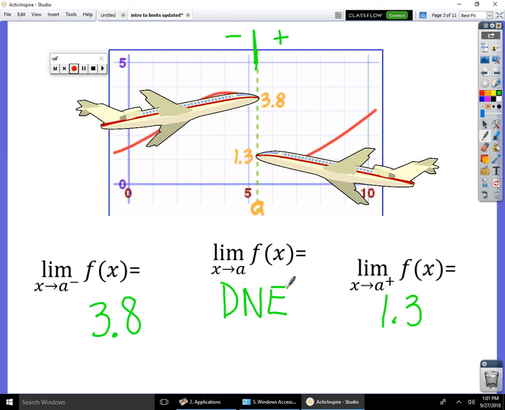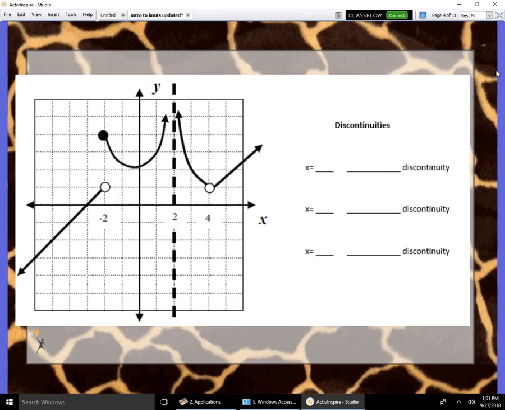Okay, so the key piece that you want to write down on that paper is that if the exponent's negative, I'm coming from the left-hand side, and where it touches the fence, my wall, and if it's a plus, I'm traveling from the right-hand side. Good? Okay. All right.